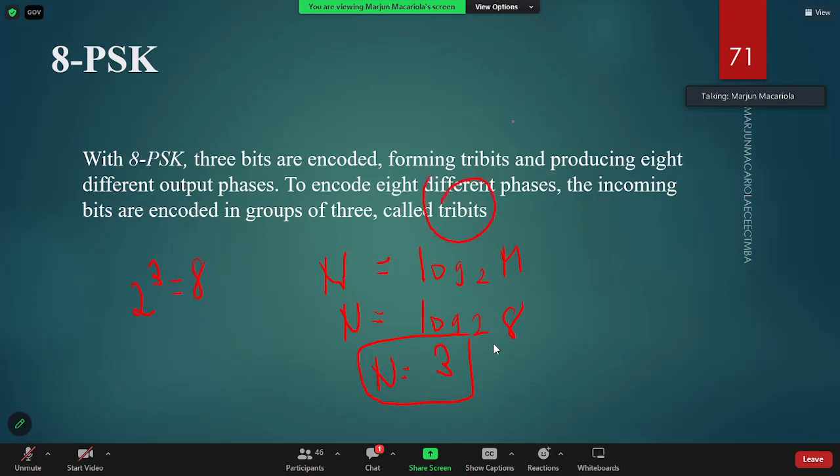So in 8 PSK, we call them tri-bits. Why? Because we have the Q, I, and C, and we have 3 binary sequence. So it can be from 000, 001, up to 111. That is called tri-bits.